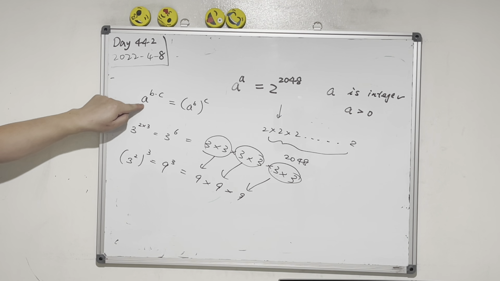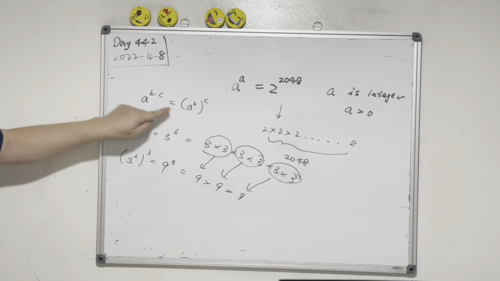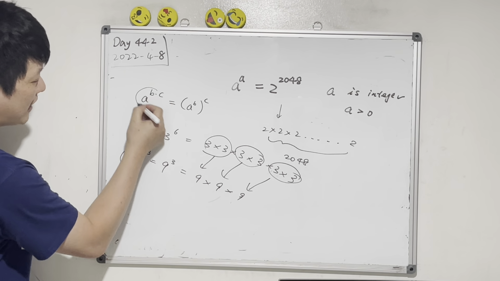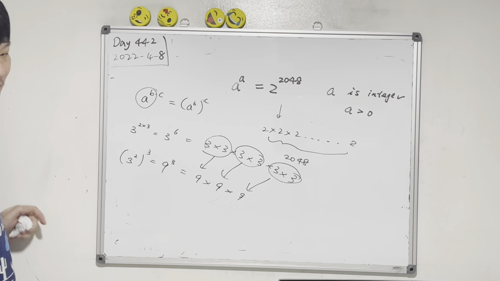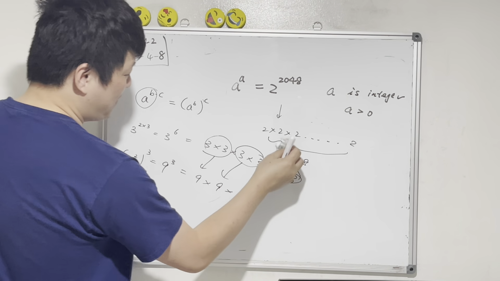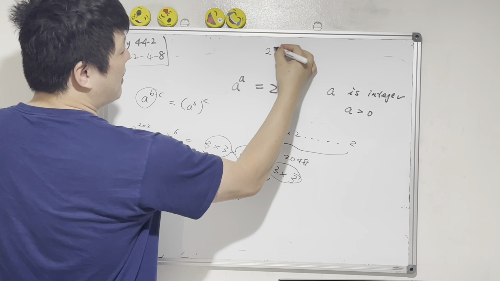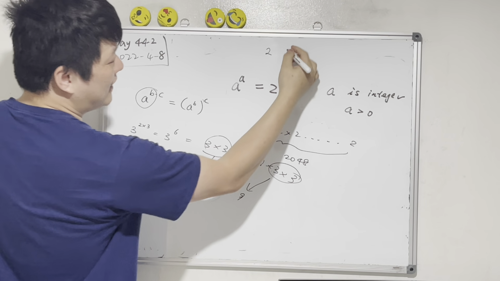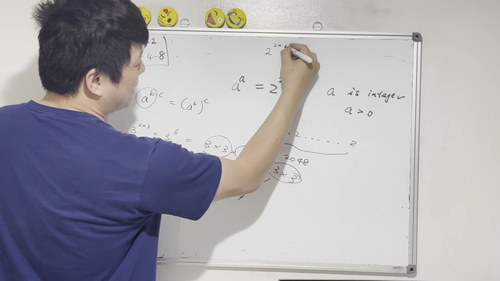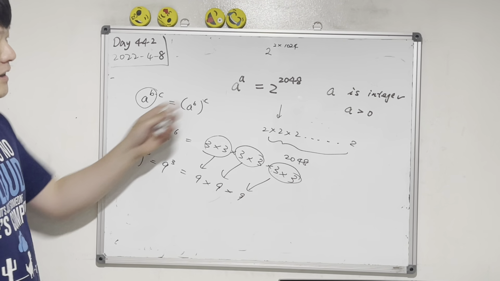So A to the power of B times C equals doing these two together, and then to the power of C. How does that help us? Look, 2 to the power of 2048 equals 2 to the power of 2 times 1024.